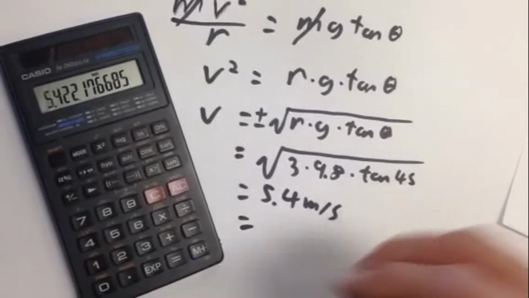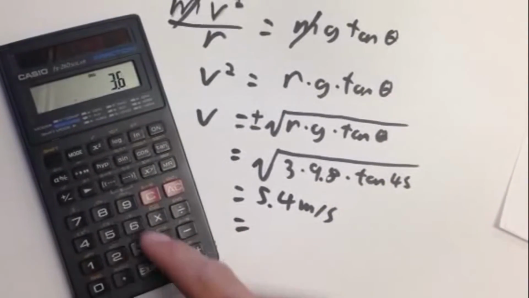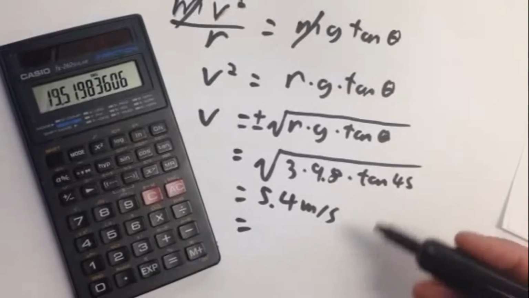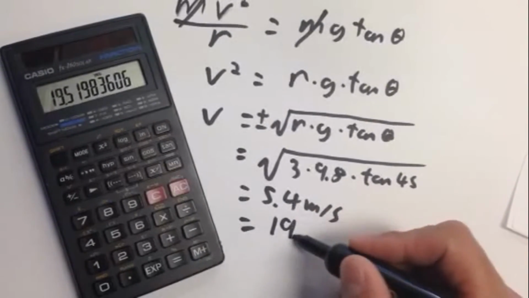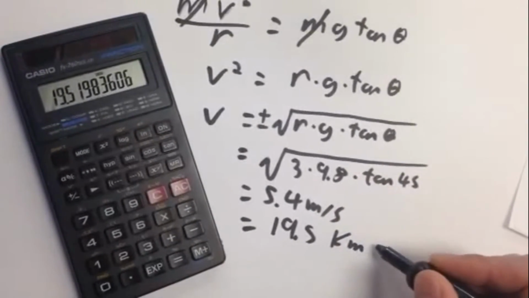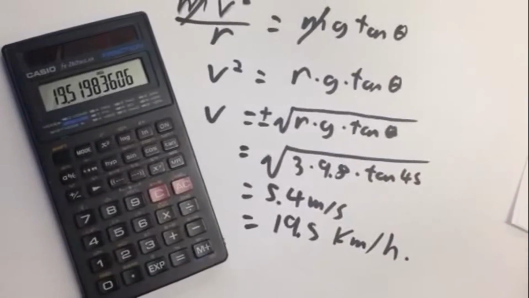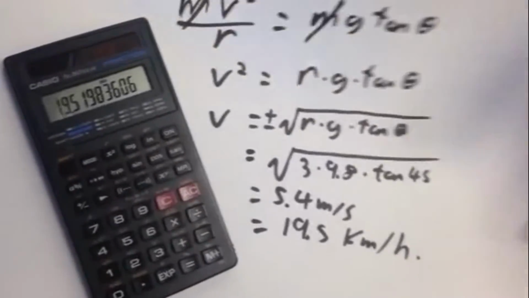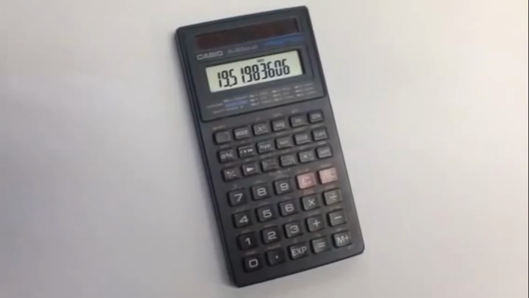And to make that a little more understandable, we'll multiply it by 3.6, and that is 19.5 kilometers per hour.